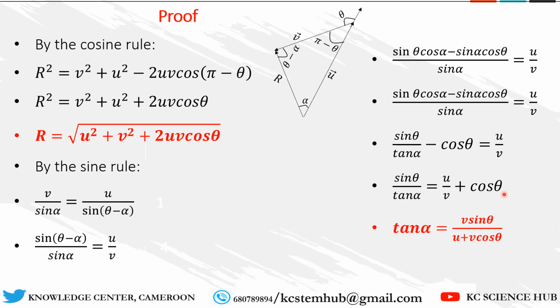Of course, we multiply by sine theta, so we get this. I've done some quick simplification here and have not followed all the steps. I hope you followed. So yes, this is how you prove that the resultant of two vectors is this, and that the angle one of those vectors makes with the resultant can be found like this. All right, let's move on to more important things.